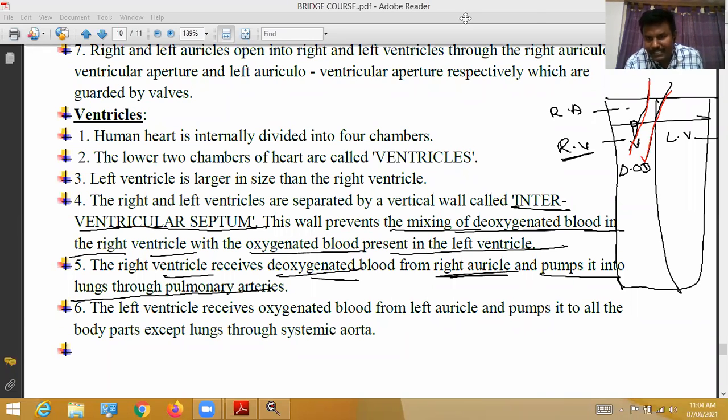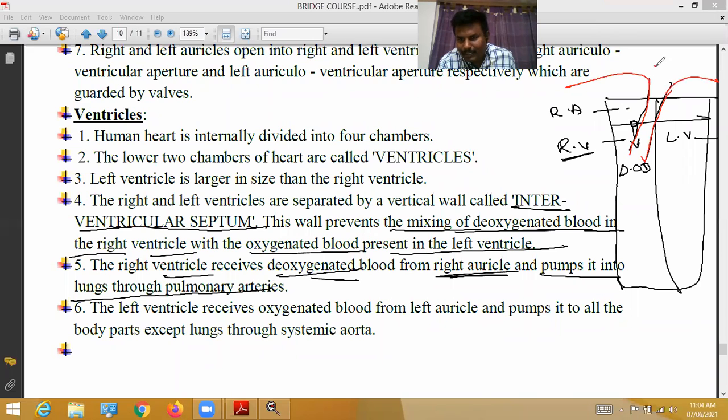Outside the heart, this pulmonary artery divides into two parts: the right pulmonary artery and the left pulmonary artery. They open into the right lung and the left lung.